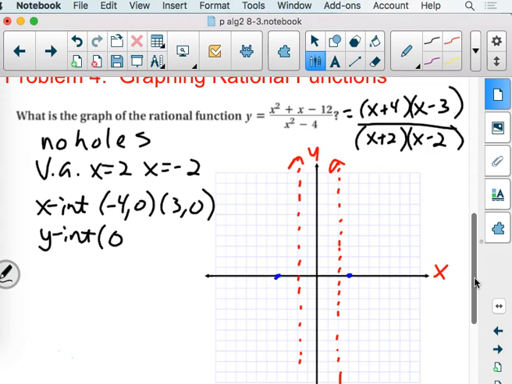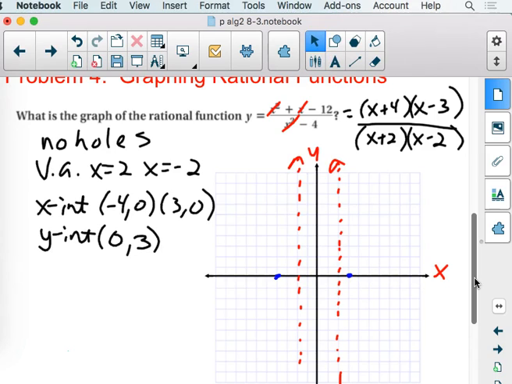The y-intercepts come from putting 0 into this. Remember, that's where we can slash off the x's, because anything that has an x in it is going to be 0. So back up here, 0, 0, 0, negative 12 over negative 4. What is that? 3. Okay, now use the same color that you just used for the x-intercepts, and let's graph our 0, 3.